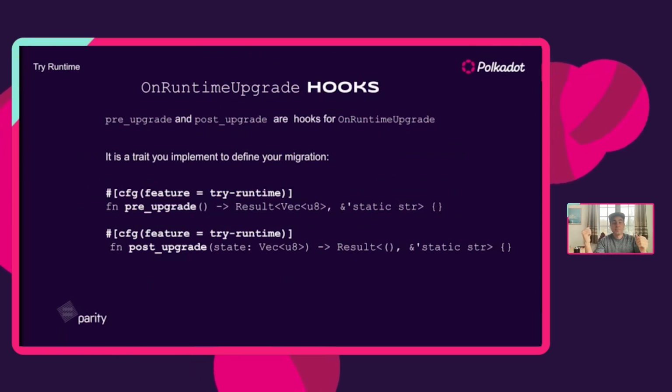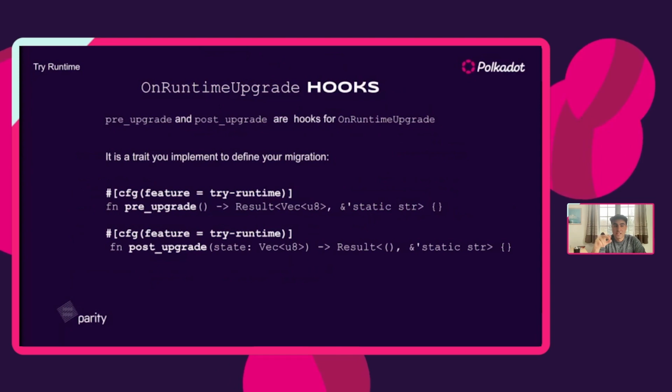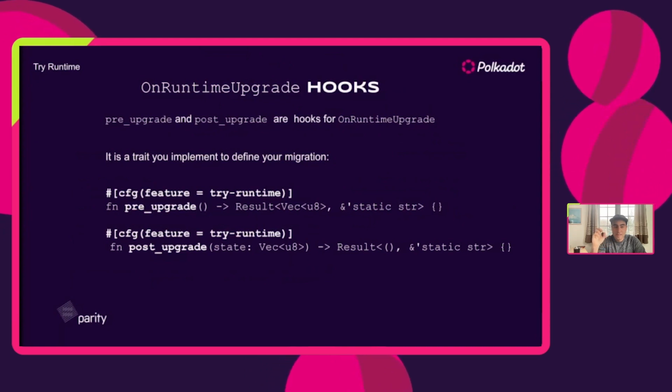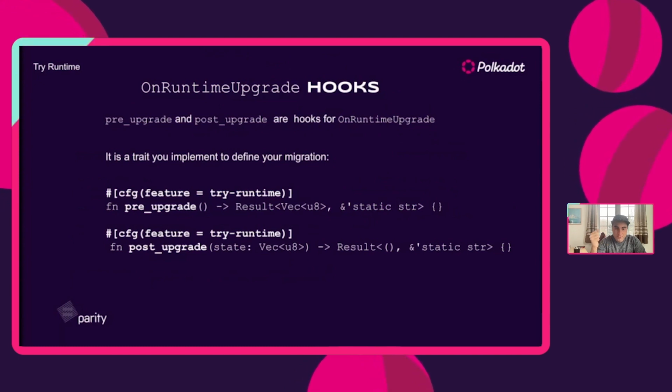One is pre-upgrade, and you can see it there on the screen. What's interesting about that code snippet is that there's a feature flag there. You can see it says the try-runtime feature flag. So we're going to show you, but when you're enabling Try Runtime, these feature flags in the runtime get enabled.